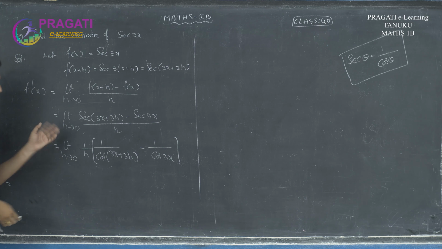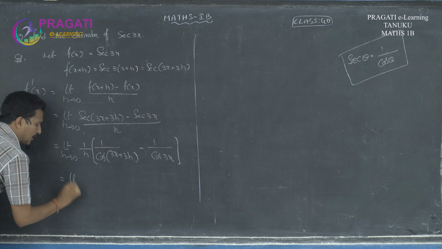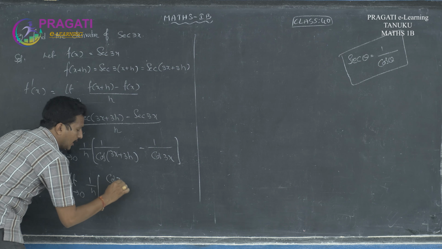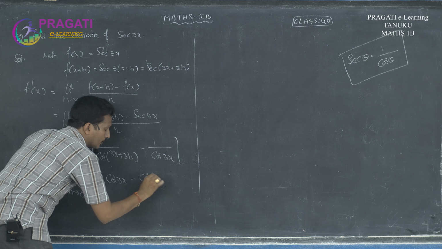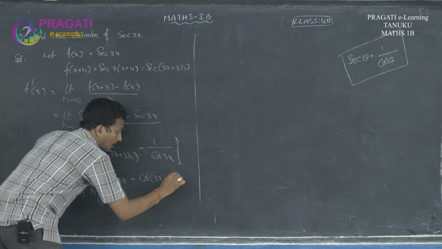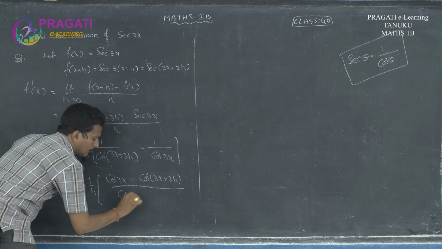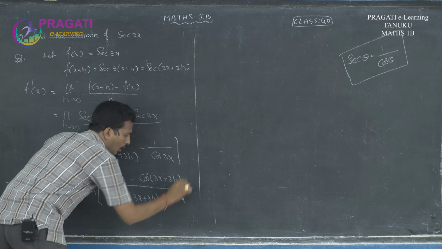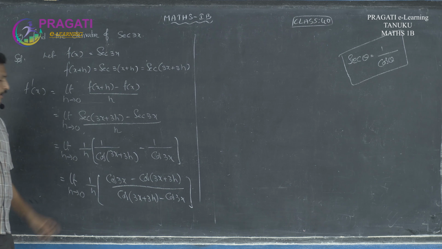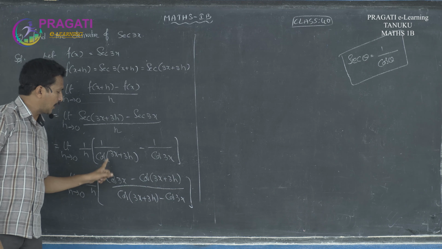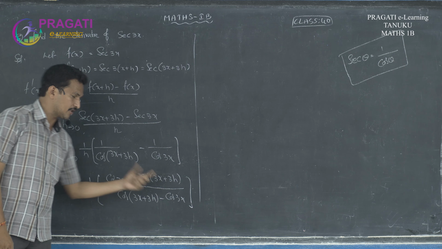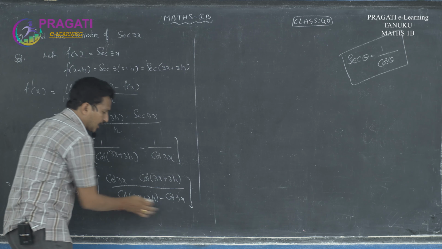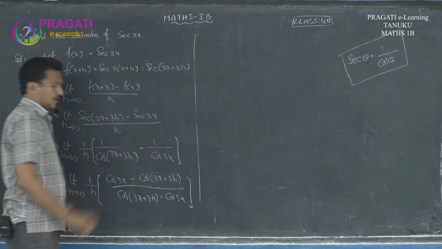Here to find the LCM, limit h tends to 0, 1 by h into cos 3x minus cos of 3x plus 3h by cos of 3x plus 3h into cos 3x. Here multiplying 1 into cos 3x minus cos 3x plus 3h, and the denominators are multiplying, right, in the denominator place: cos of 3x plus 3h into cos 3x.